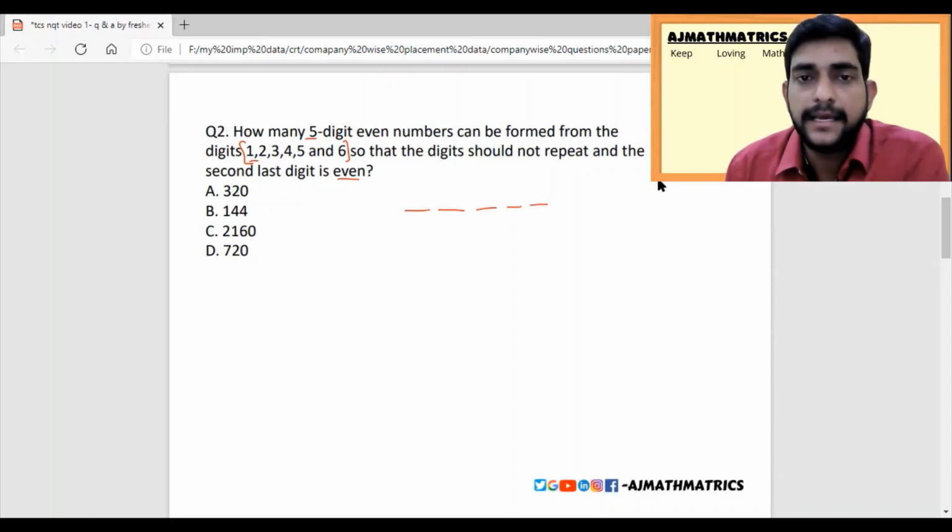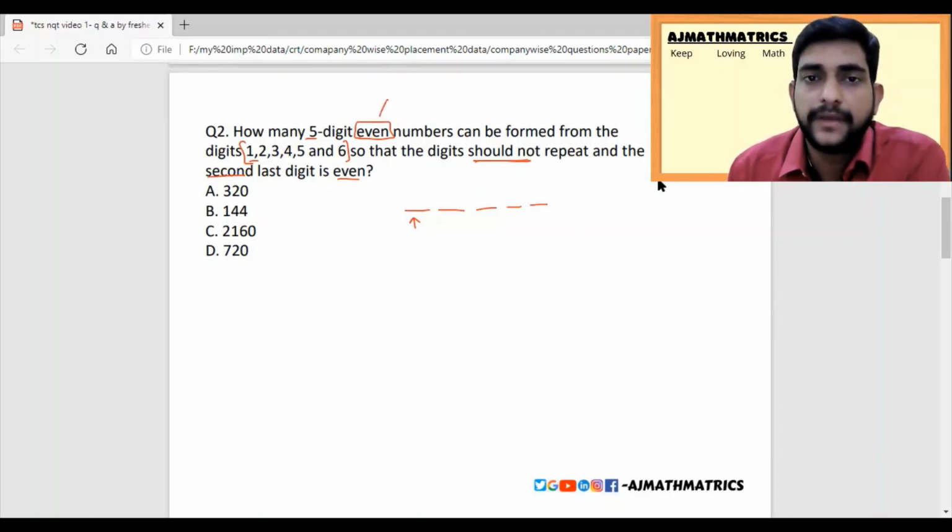It is asking how many even numbers we can form, and the condition is that the digit should not be repeated, which means if I used one digit here, we cannot use the same digit again. And one more condition is given: the second last digit is even.